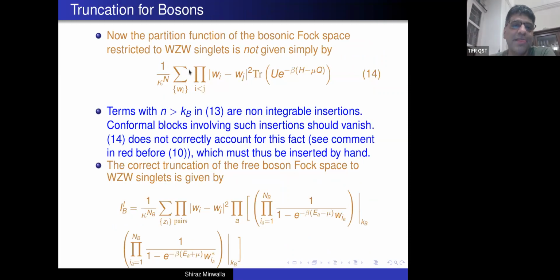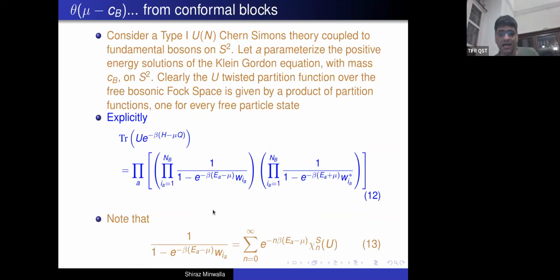Now, the partition function of the bosonic Fock space restricted to Wess-Zumino-Witten singlets, at least when defined in one way, is not simply given by this quantity replaced by the trace over the free boson Hilbert space. That's because this quantity here involves a sum with n going from 0 to infinity.